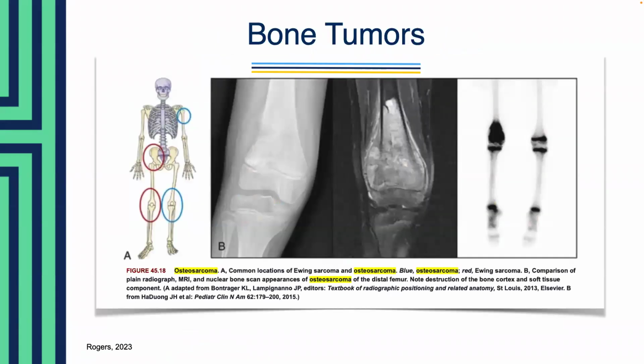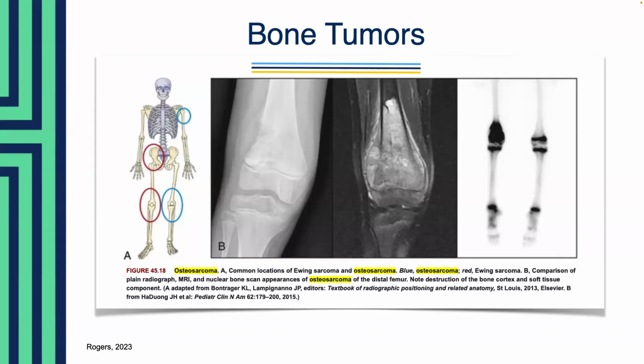All right. There are some main types of bone tumors that we need to talk about, and you have figure 45.8 that kind of reviews these a little bit. We've got osteogenic tumors, which arise from bone cells or osteoblasts, such as osteoid osteoma, osteoblastoma, and osteosarcoma.